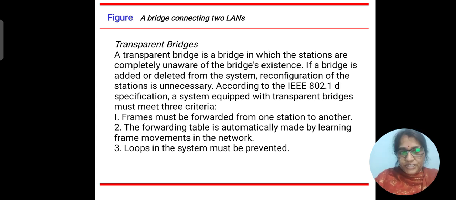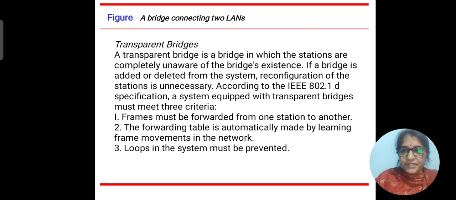These are bridges in which the stations are completely unaware of the bridge's existence. Reconfiguration of the stations is unnecessary even if a bridge is added to or removed from the network. If a bridge is added or deleted from the system, reconfiguration of the stations is unnecessary.